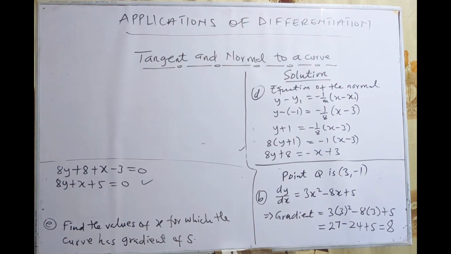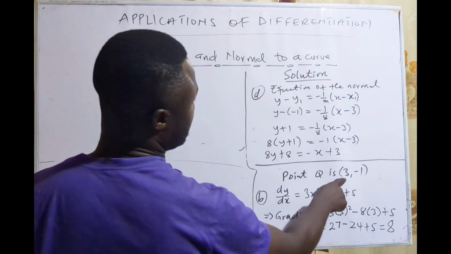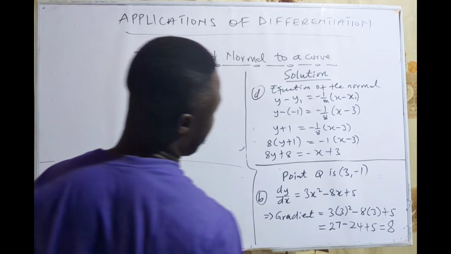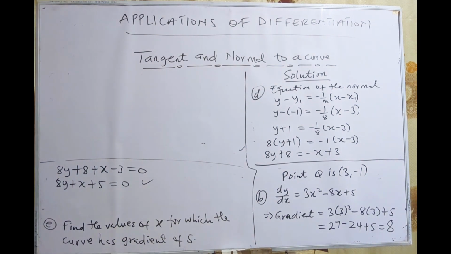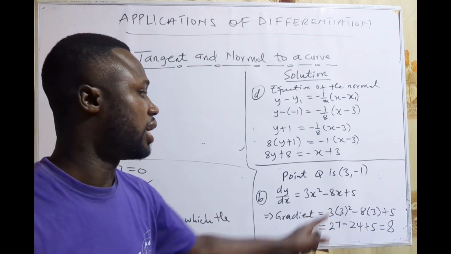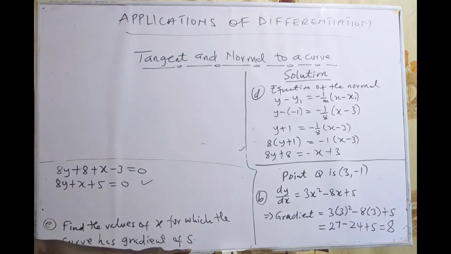Where the gradient is 8 is at where x is 3. That is where the gradient is 8. Now we are going to look at the values of x where the gradient will be 5. So you take the gradient function, which is this, and then you equate it to 5, and then you are going to get the values of x. Is that okay?